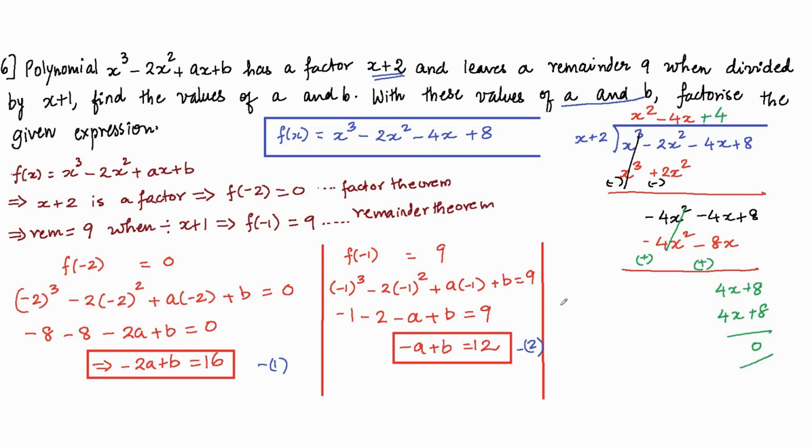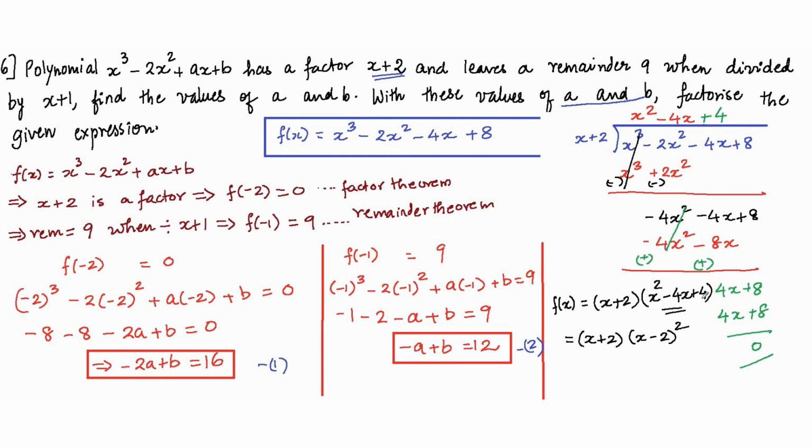And therefore, I can say that f of x is equal to the divisor, which is x plus 2 multiplied by the quotient x square minus 4x plus 4. And now this is a trinomial. I can go ahead and factorize it. So if I factorize it, it becomes x minus 2 the whole square, right? So we know how to factorize a trinomial.